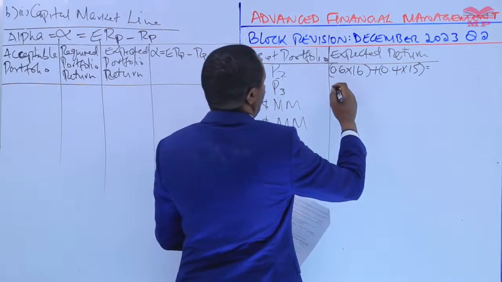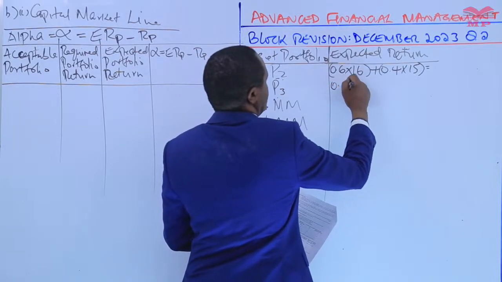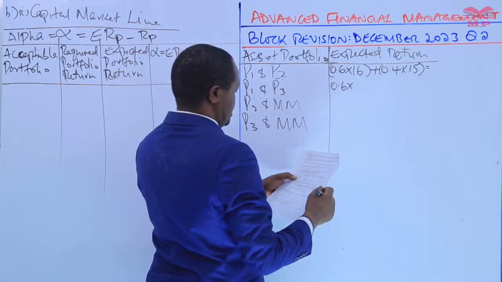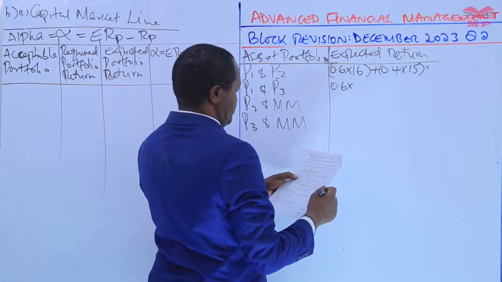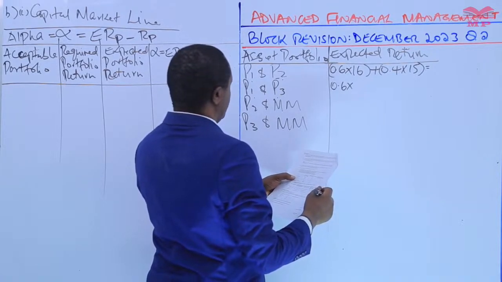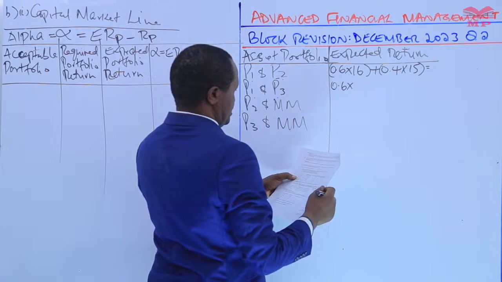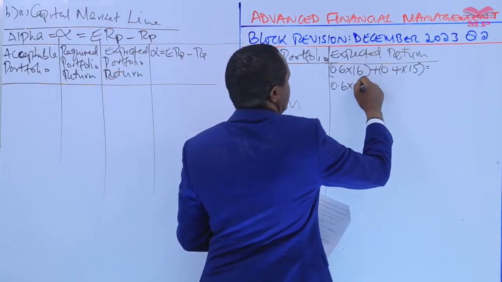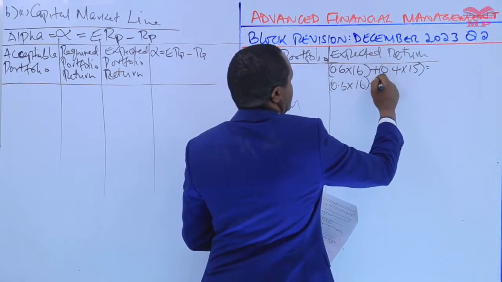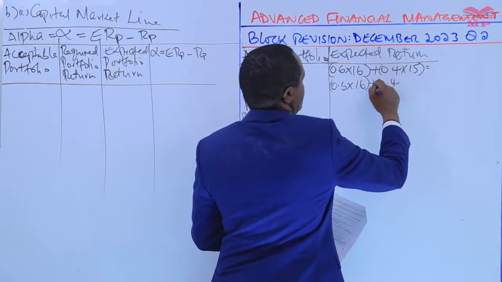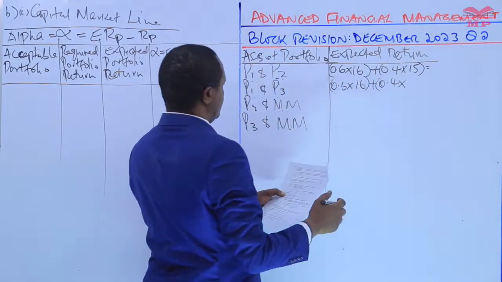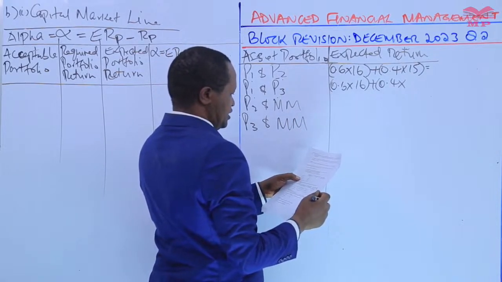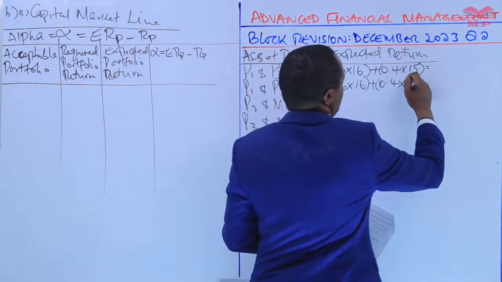It is the same weight, 0.6 times the expected return for P1, which is 16%, plus 0.4 times P3. There you can see the rate of return is 22%.